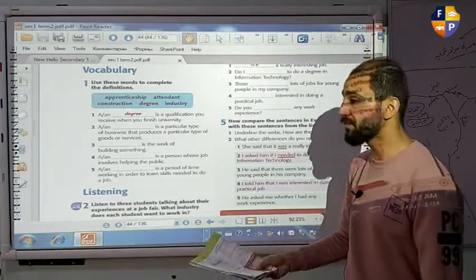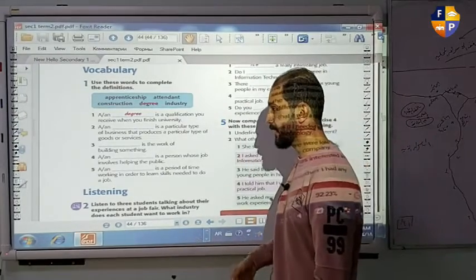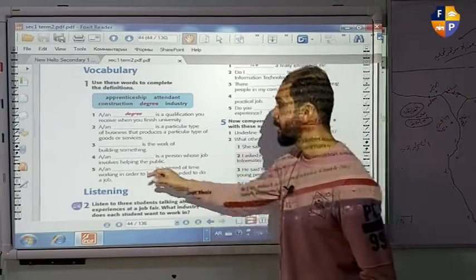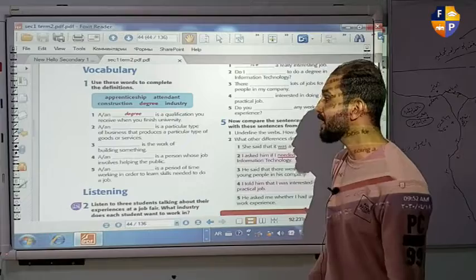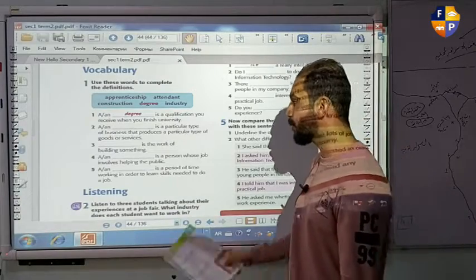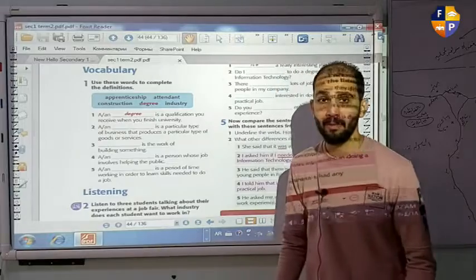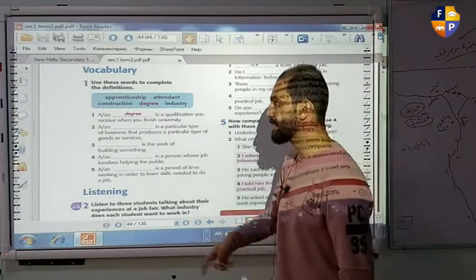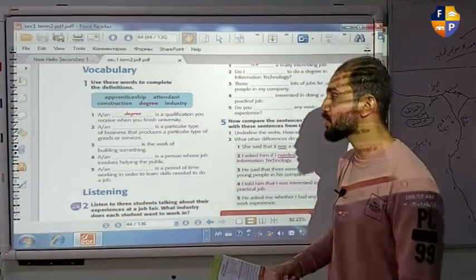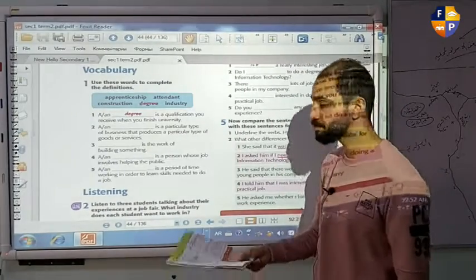Exactly, we have here industry. Number 3, space is the work of building something. Exactly, construction.